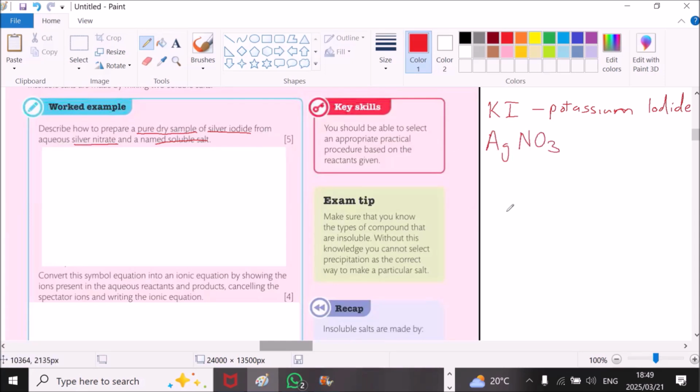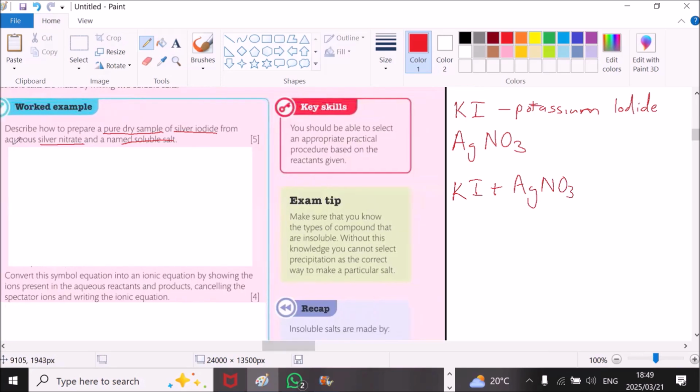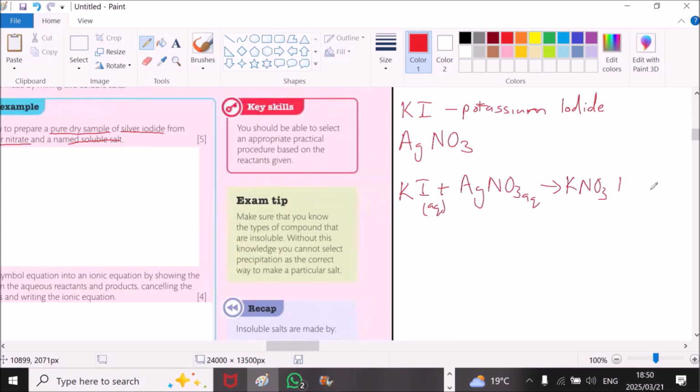Silver nitrate is aqueous, so it is soluble in water. Potassium iodide is also soluble in water. This will give us potassium nitrate and silver iodide, which is a precipitate, which is solid.